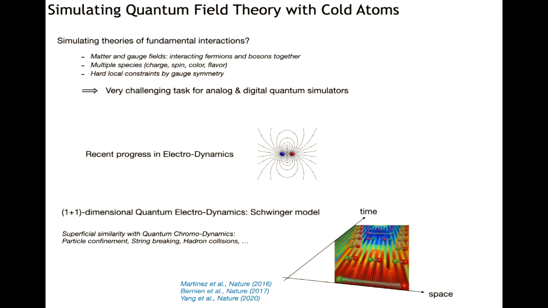For example, the phenomenon of quark confinement. I'm sure you heard it in the previous talk by Dr. Brewer, right? This phenomenon of quark confinement plays a crucial role in the theories of strong interaction, and it is present in this lower dimensional version of quantum electrodynamics. So there are reasons why you would like to perform quantum simulations of this simplified theory, right?